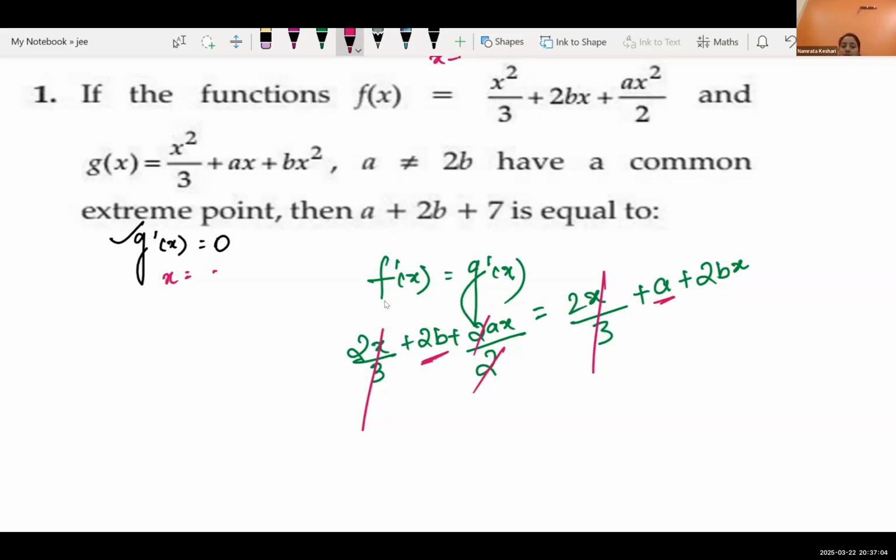So if we take 2bx minus ax, and then this a plus 2b also on this side, or maybe if you are taking this twice b minus a on this side, what are we going to get? Can you see we are getting x value as a 1?